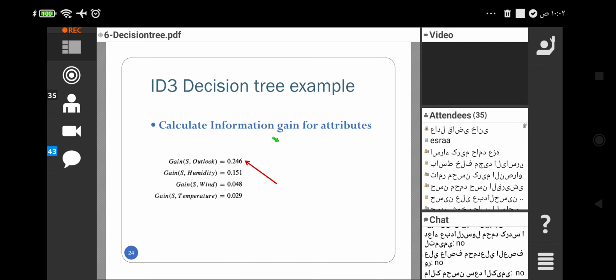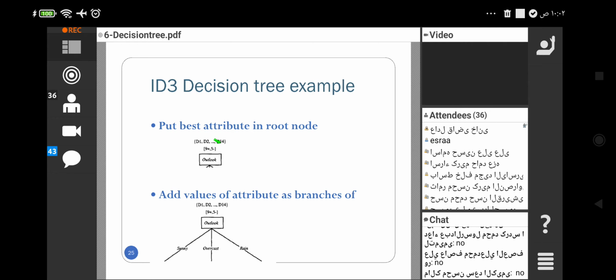We go to the next step and we calculate the gain of all of the attributes. And then we select outlook. Outlook is the best attribute here. It has the highest information gain. And we put outlook in the root node of the tree. You see that?